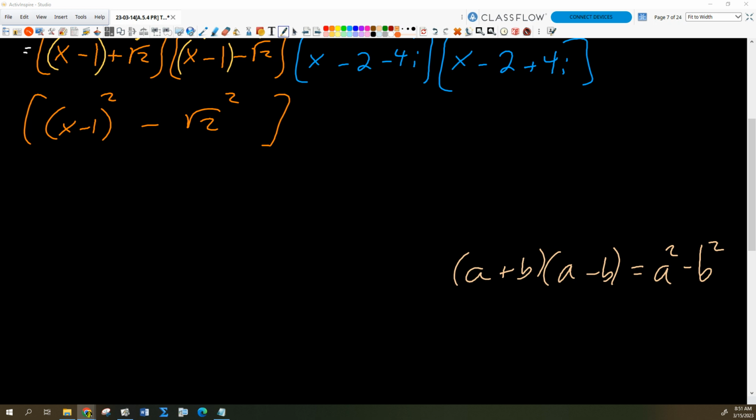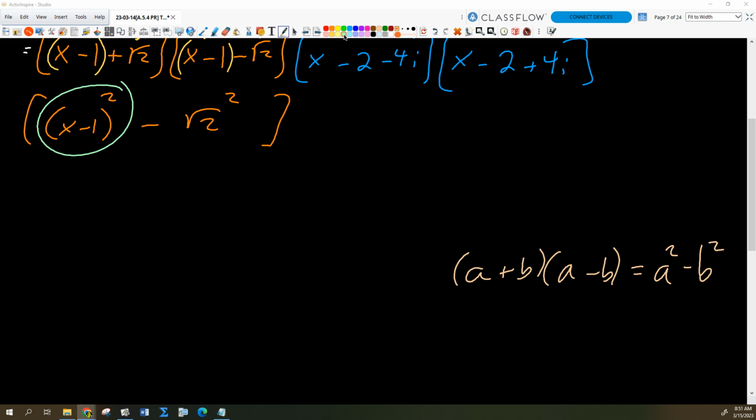What's that look like if I square out x minus 1 quantity squared? Remember, if I square out a plus b quantity squared, what do I get? A squared plus 2ab plus b squared. Okay, so when I square this part out, I've got to color code this.